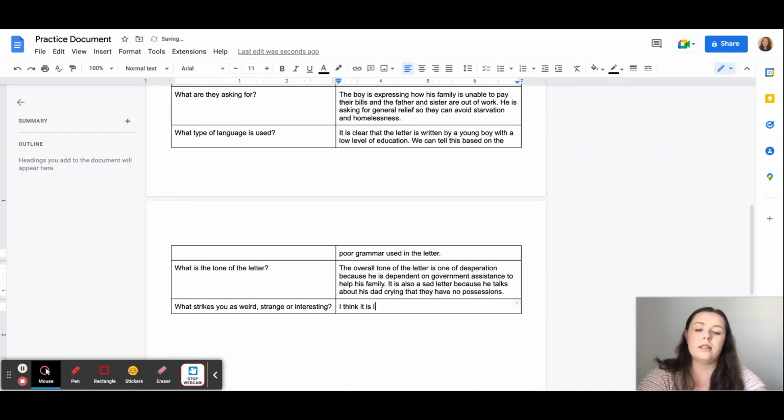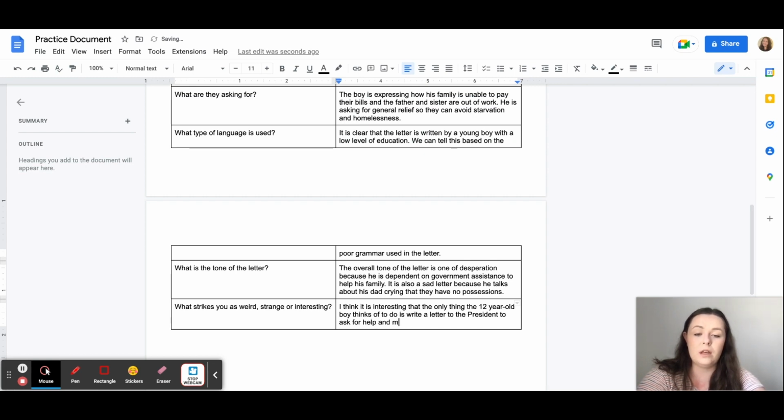I think it is interesting that the only thing the 12-year-old boy thinks to do is write a letter to the president to ask for help and money.